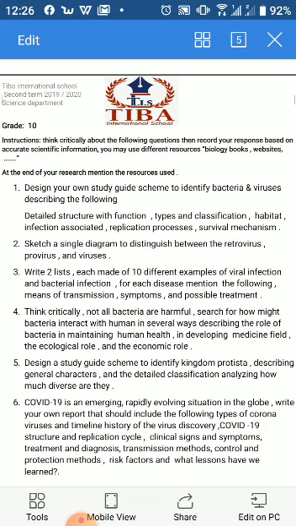This scheme should include the detailed structure and function for each bacteria and virus, and the types and classification. We took four types of virus, and we took the classification of bacteria and the habitat, and the associated infection. I mean here the disease that can be caused by each one of them.